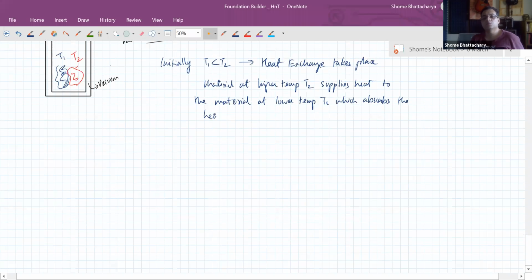Okay, and this process of heat exchange continues till thermal equilibrium is established.